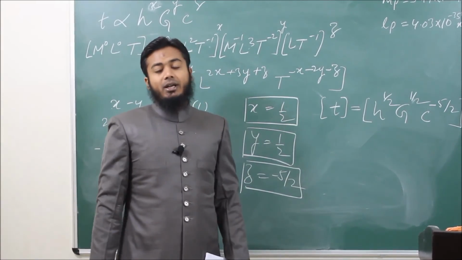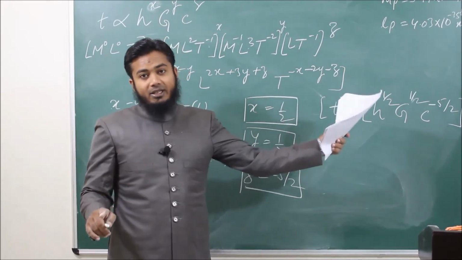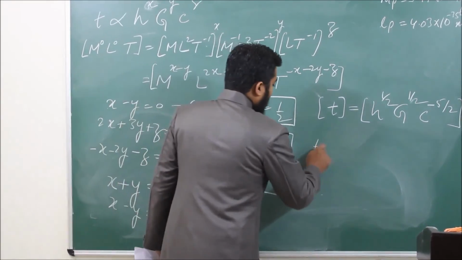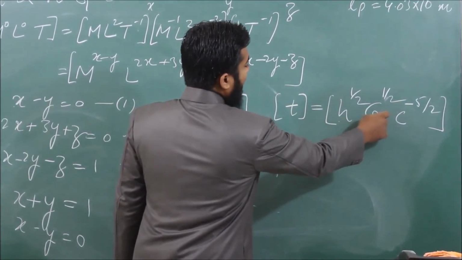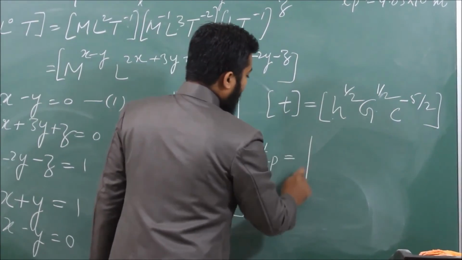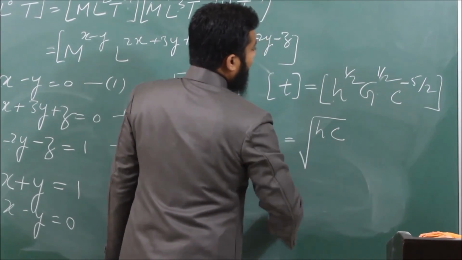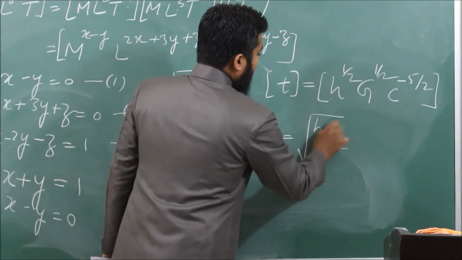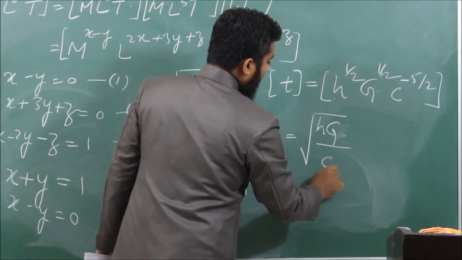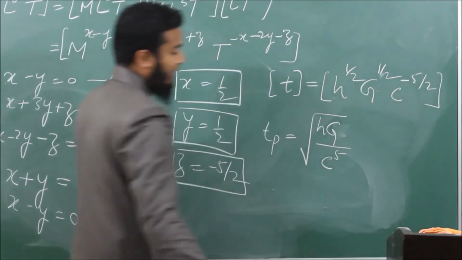And if you want to know one unit of time in that system, we call this Planck time. H and G both have power half, so I can write it as square root of H G, and C will be in the denominator with power 5.